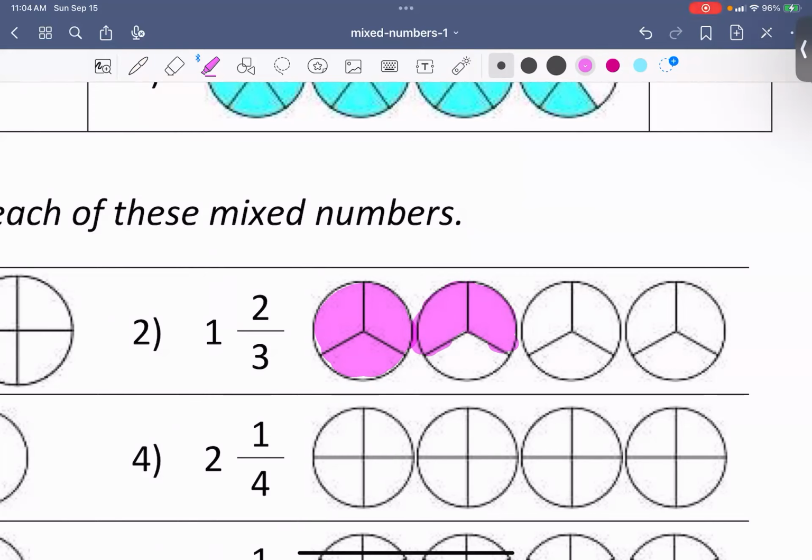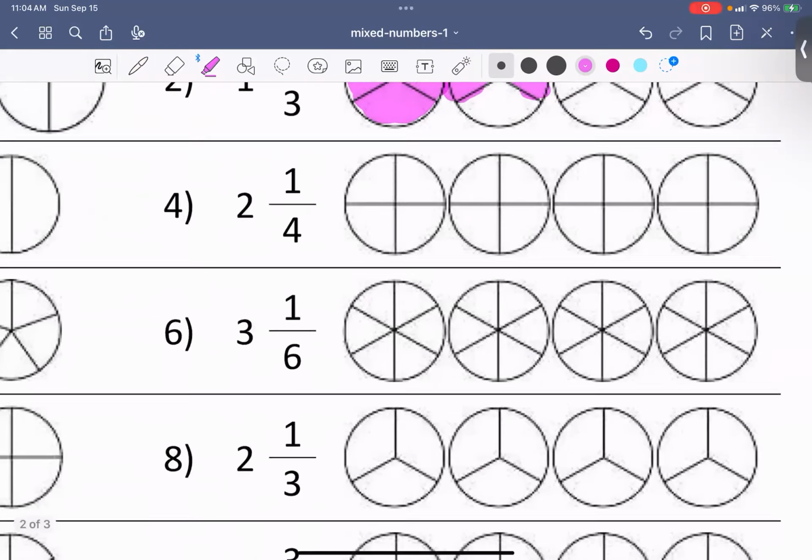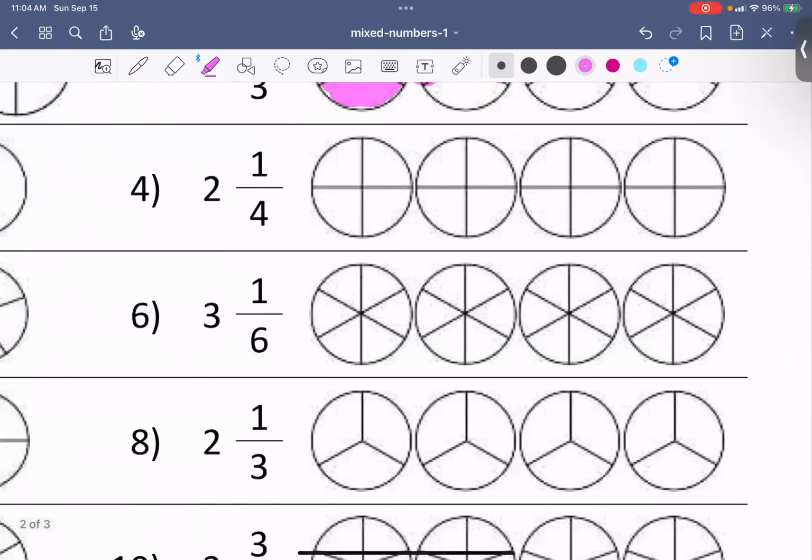All right. Let's do one more. Let's do this one, number 6. We're going to do 3 and 1/6. So how many circles should I shade in? I should shade in 3 because 3 wholes.